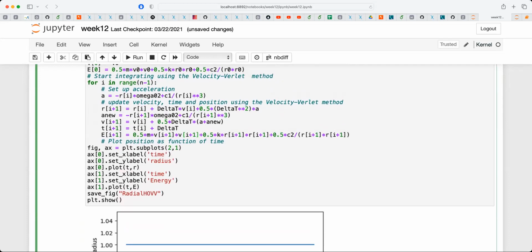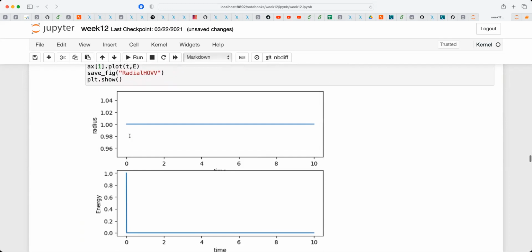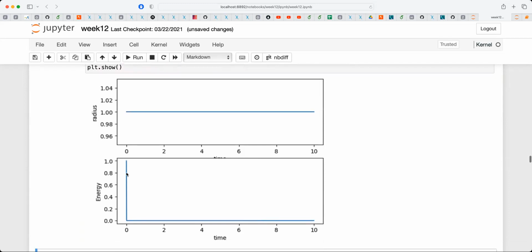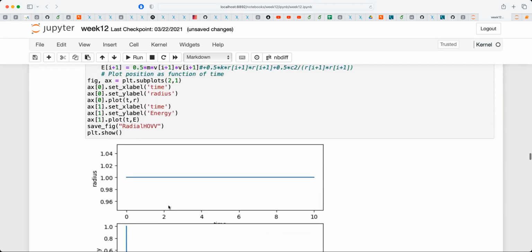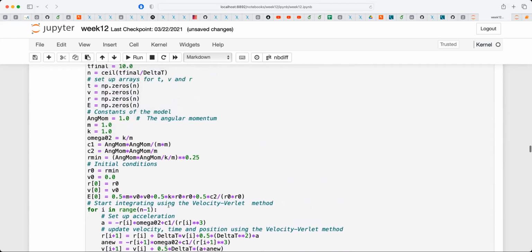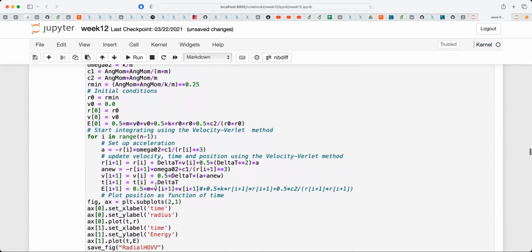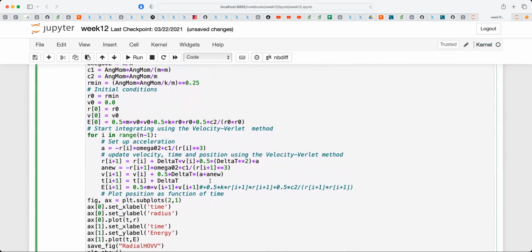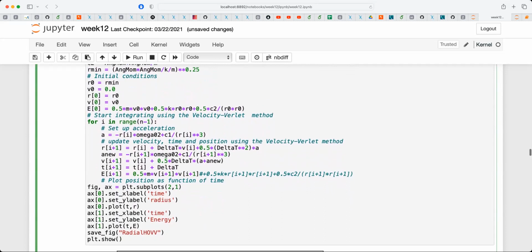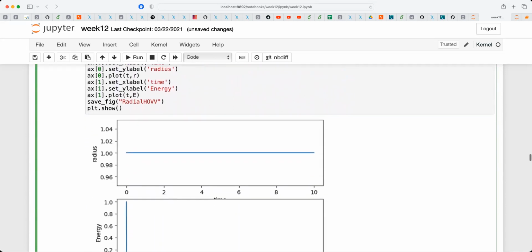So if I just plot this one, just the kinetic energy, and take away the potential energy, you will see that since the radius is constant, this is just an initialization problem, but then it's actually equal to 0 in that specific case, because we put the initial velocity here to 0. So that really, no, wait, this is actually wrong. This shouldn't be so. This energy should actually not be 0 here.